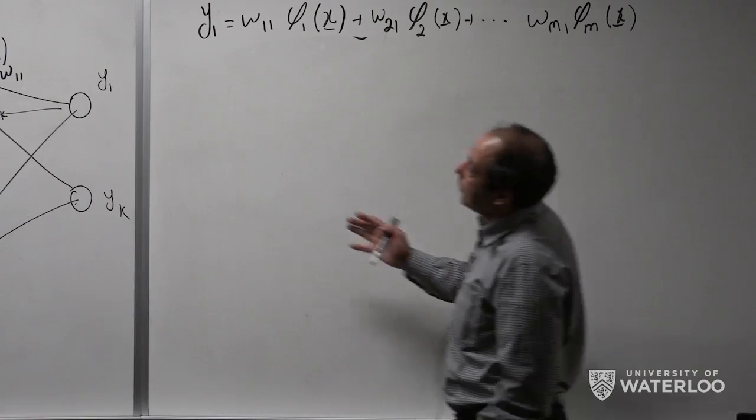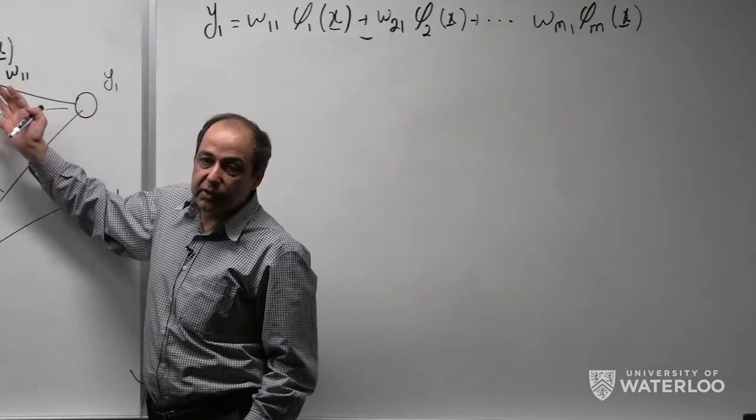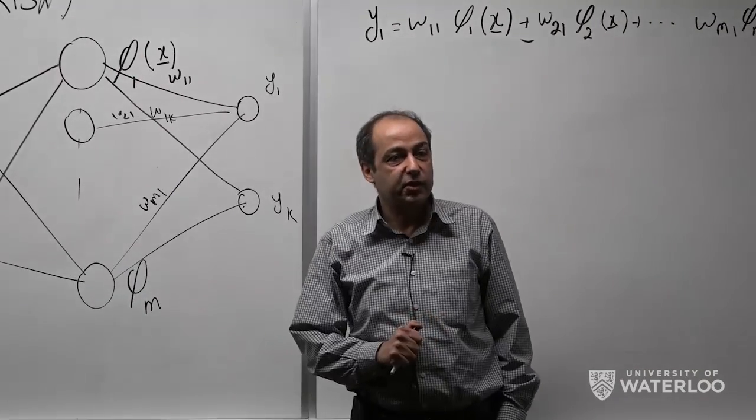So the output is a weighted sum of these phi functions.